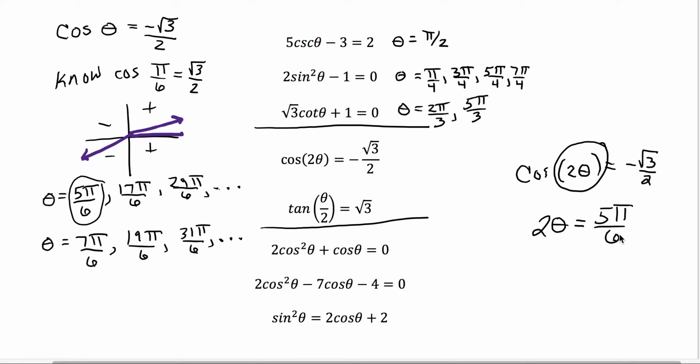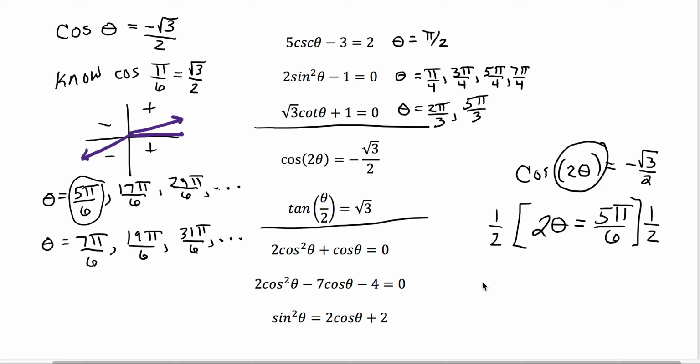So we're going to solve this thing for theta. So I can multiply both sides of this expression by 1/2, and that will solve for theta, or divide by 2, however you want to look at this. I'm going to multiply by 1/2.